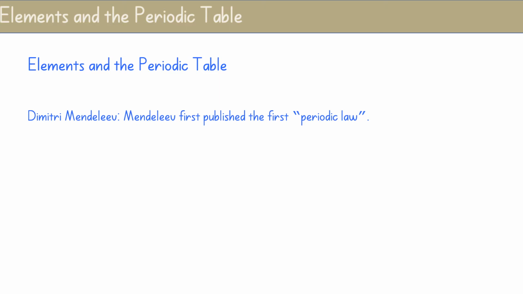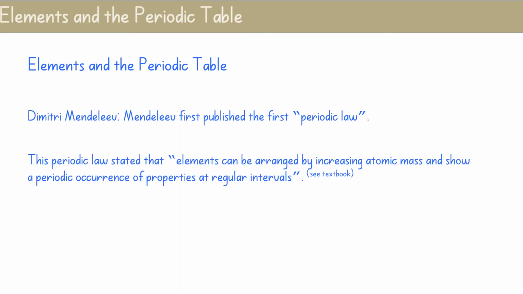Dmitri Mendeleev was the first who published a periodic law. This periodic law stated that elements can be arranged by increasing atomic mass and show a periodic occurrence of properties at regular intervals.